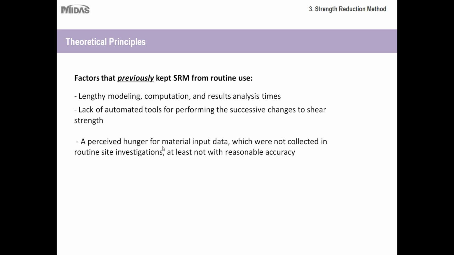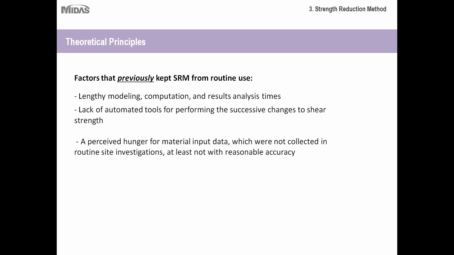And then a perceived hunger for material input data which were not collected in routine site investigations, at least not with reasonable accuracy. So something I discussed previously was that the modulus of elasticity, the Poisson's ratio, the friction angle, I think. Those were a couple of other factors that needed to be taken into account.